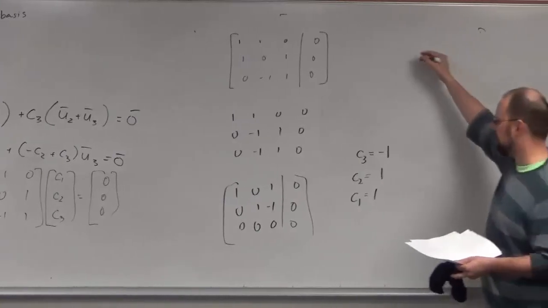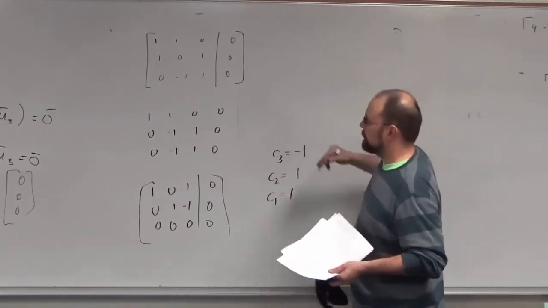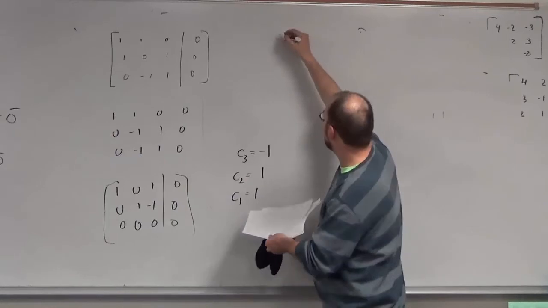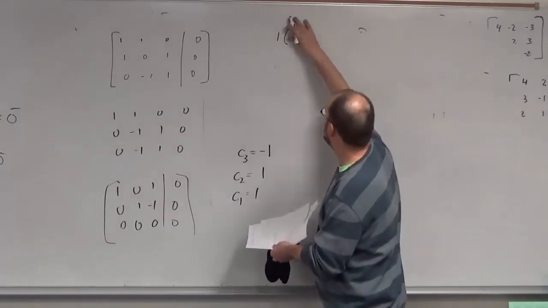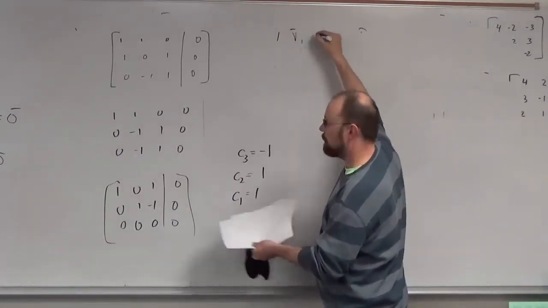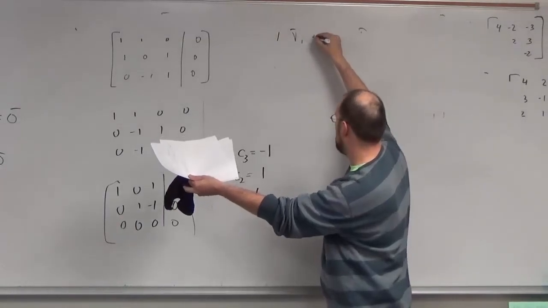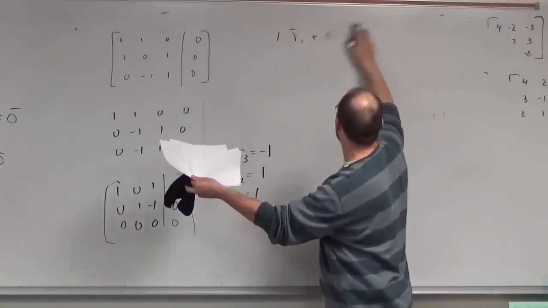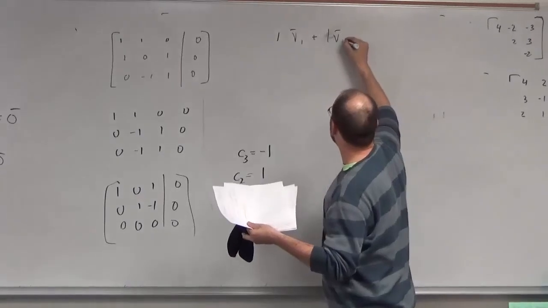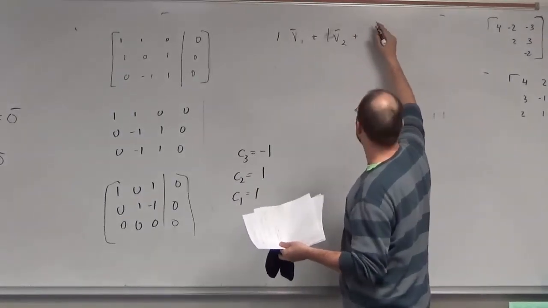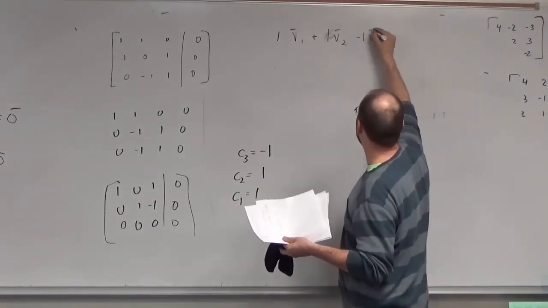And it's true, right? So you have C1 times V1 plus C2 times V2 plus C3, so -1 times V3.